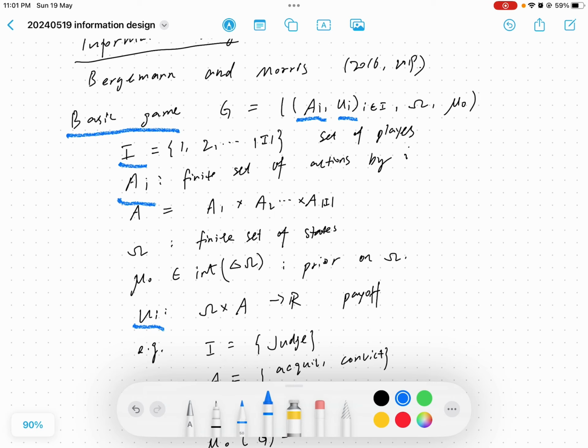This omega is, again, the state space, and we have a mu naught for the prior belief of this omega. And this mu naught is an element of the interior of Delta Omega.